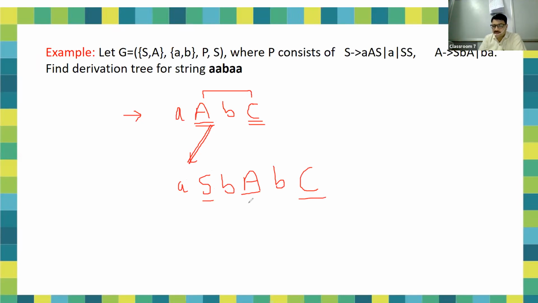So in this situation, the S is again the leftmost. So if you expand the leftmost variable each and every step, and then you find a particular string, then this process is called leftmost derivative. This is called leftmost derivative.